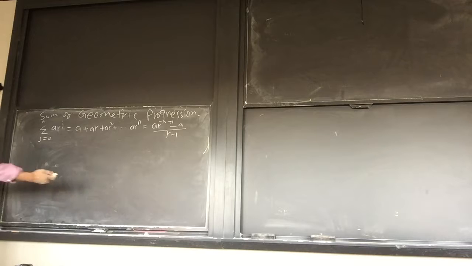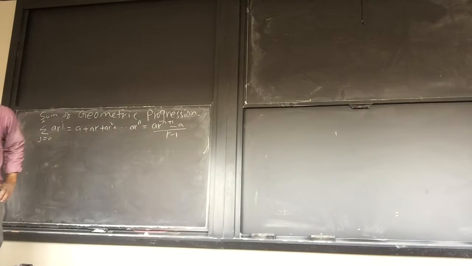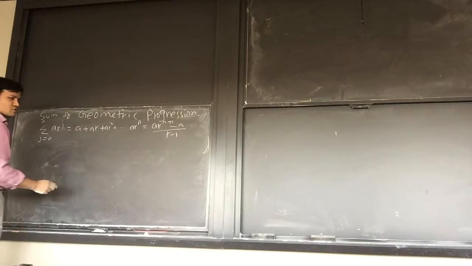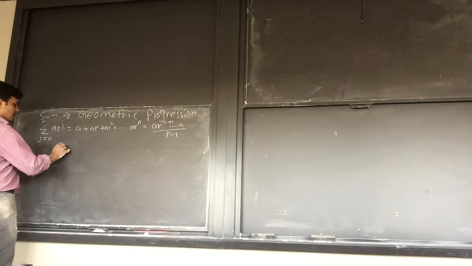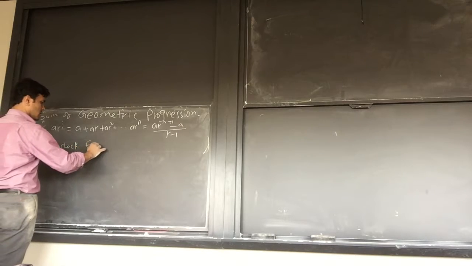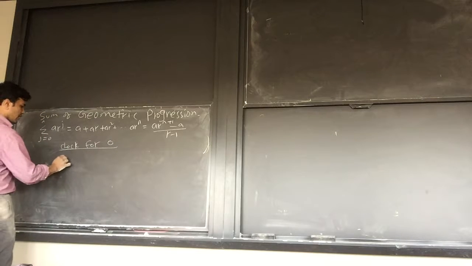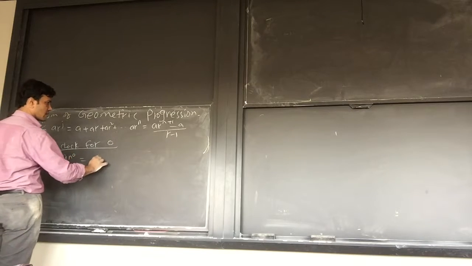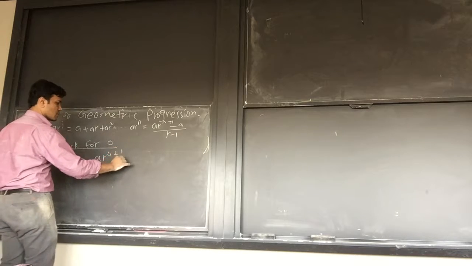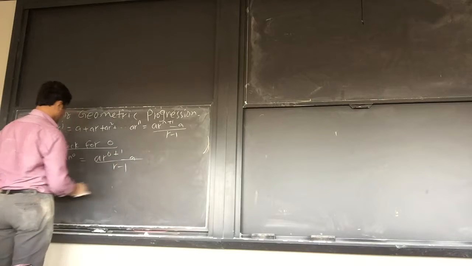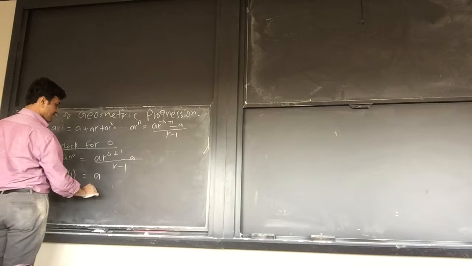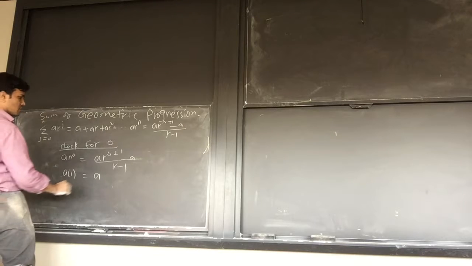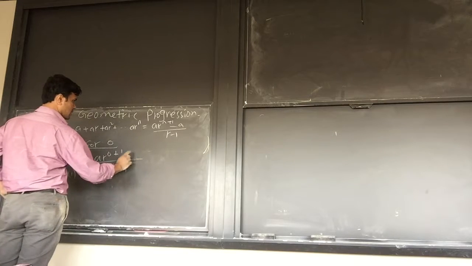It's just the same step. We're gonna see whether it works for 0. If it works for 0, it should work for anything else, for k plus 1. So check for 0. So a r^0 is equal to (a r^(0+1) minus a) over (r minus 1). So a is equal to (a r minus a) over (r minus 1).